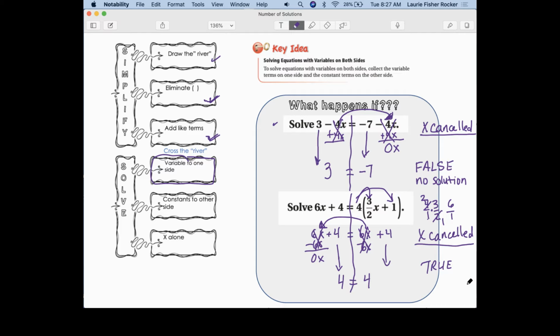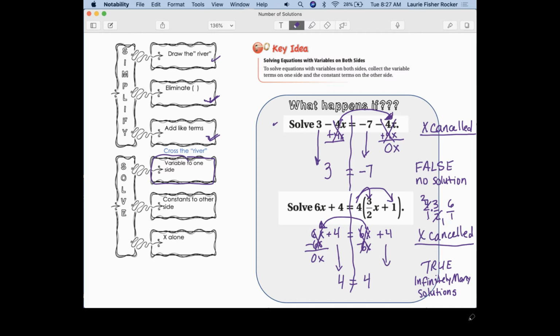And so we call that type of solution infinitely many solutions, because there is no limit to the number of solutions. Any rational number could fit in there. Any real number could fit in there. Every number can fit in there. So that means there's infinitely many solutions.